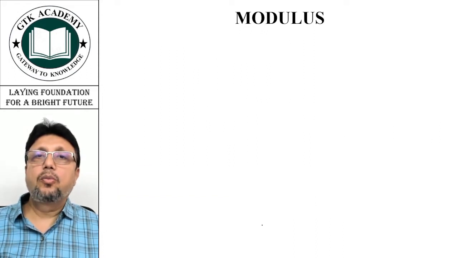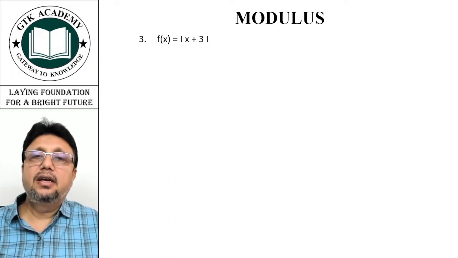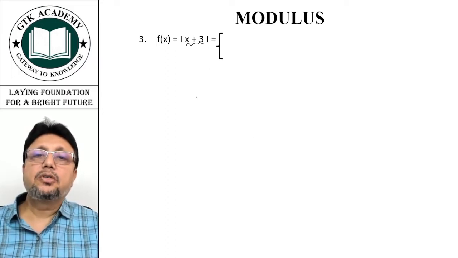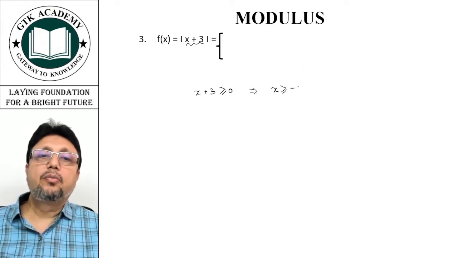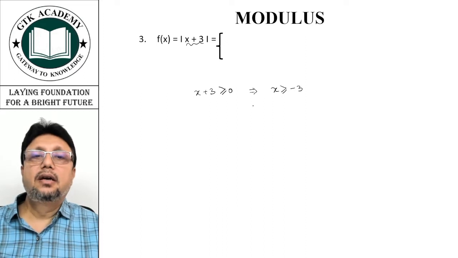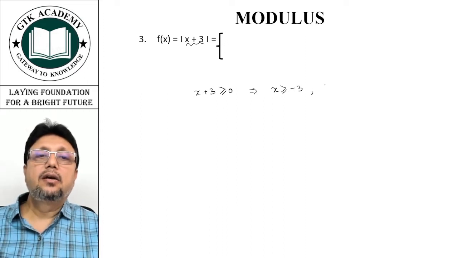Let's take one more example. f(x) is equal to mod x plus 3. Now how do we write it? If x plus 3 is positive, that means x is greater than or equal to minus 3, then mod x plus 3 will be written as it is, x plus 3.